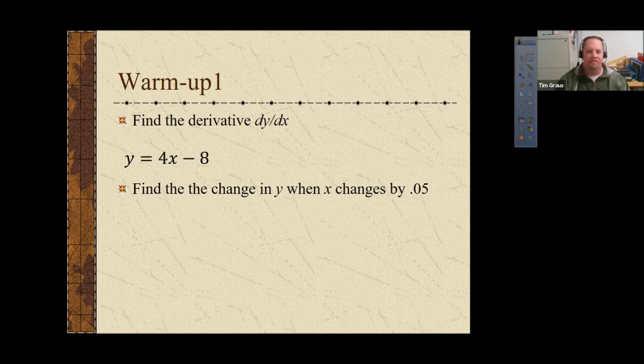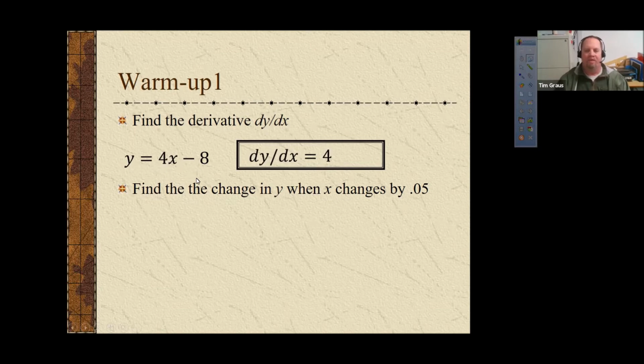And now we're back. Let's see what the solution is here. The derivative of y equals 4x minus 8 is, of course, dy/dx equal to 4. So that means this line has a slope of 4. This is a linear equation.